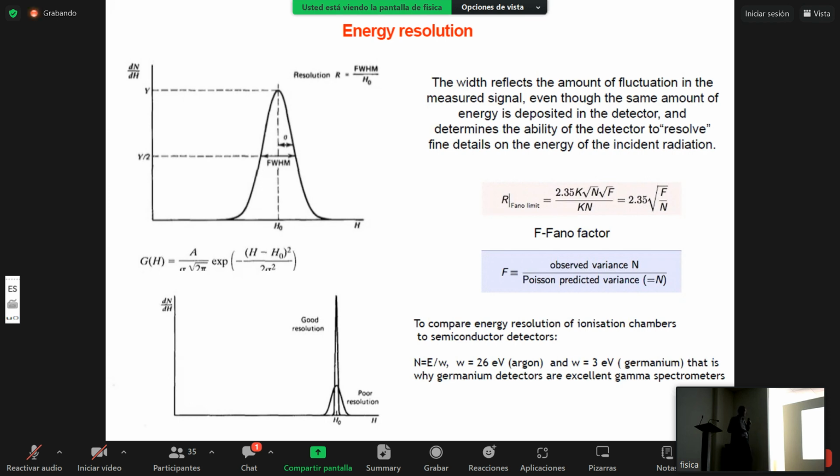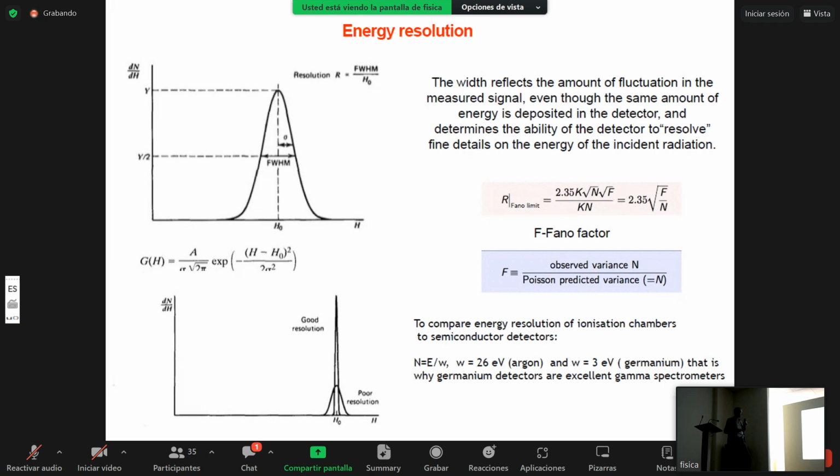Remember from my previous lecture that the number of charge carriers is equal to the initial energy of the particle divided by the W value, which is the energy to create one electron-ion or electron-hole pair. For example, for ionization chambers, which utilize, for example, argon, this value is 26, and for germanium, this value is about 3 electron volts.